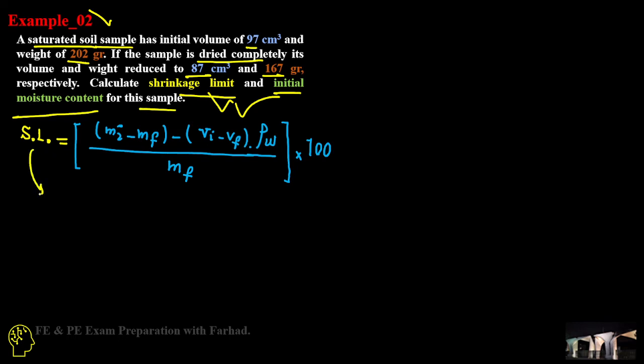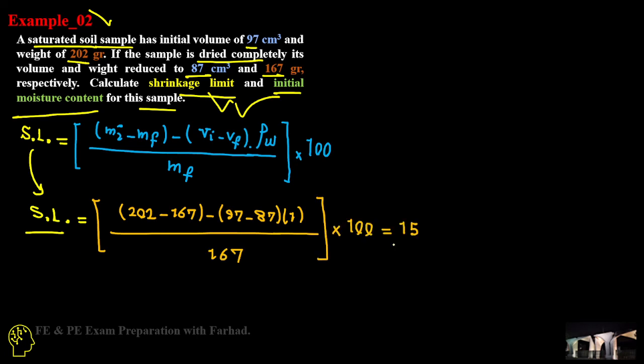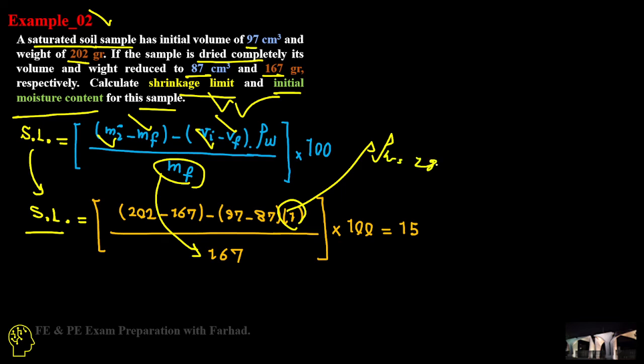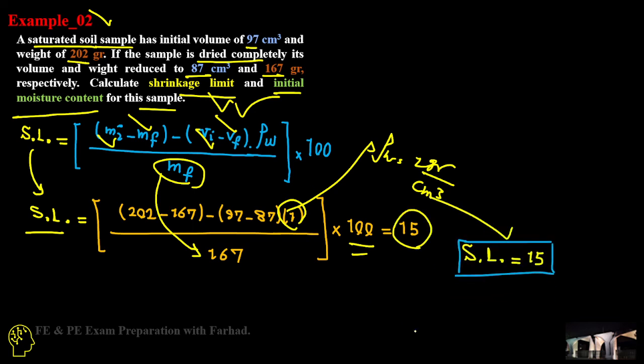If you jot down the shrinkage limit equation, the shrinkage limit is equal to initial mass minus final mass, minus initial volume minus final volume times rho w, over final mass. That is 202 minus 167, minus 90 minus 87 times rho w, which is 1 gram per centimeter cubed, over 167, multiplied by 100. It gives us a shrinkage limit equal to 50.